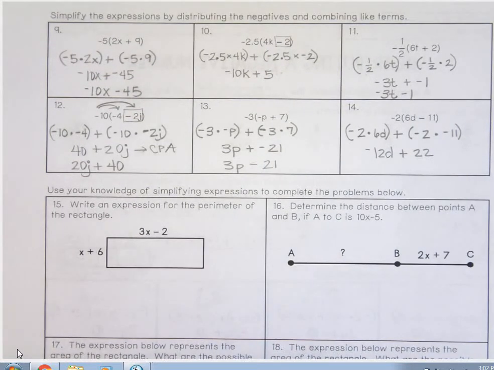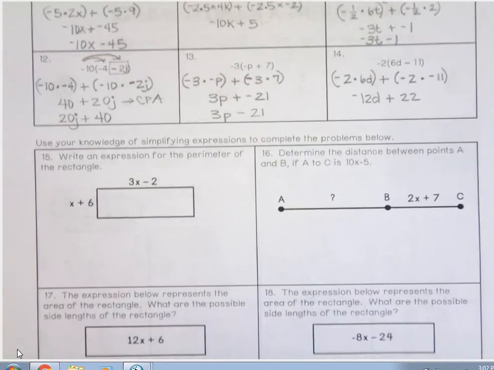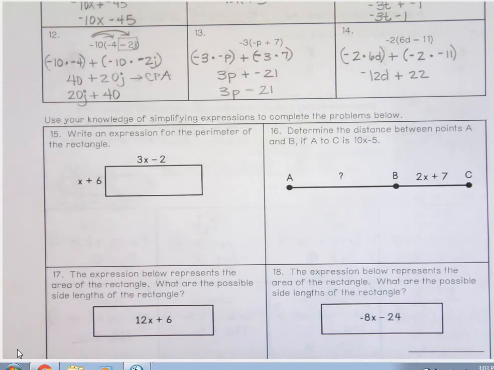Now we're going to work a few problems using models, number lines, and such, and simplifying expressions. So they're asking in number 15 to write an expression for the perimeter of a rectangle. Well, the perimeter, by definition, meaning distance around, can be written a couple of ways because it is a rectangle.